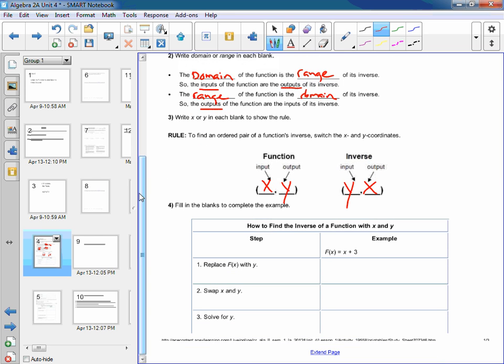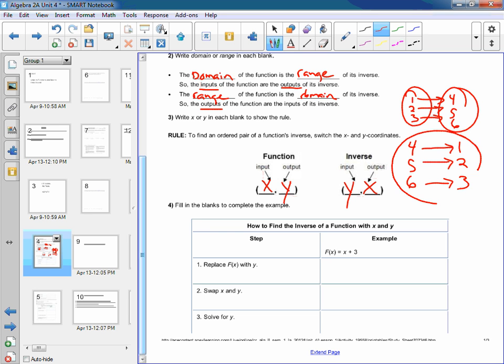So before we go on to finding the inverse of an equation, they did some examples with mappings. If you had a mapping where 1, 2, 3 maps to 4, 5, 6, the inverse would take 4, 5, 6, the range, and map it to the domain.